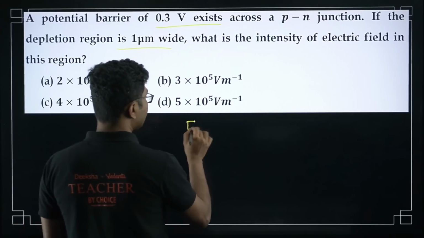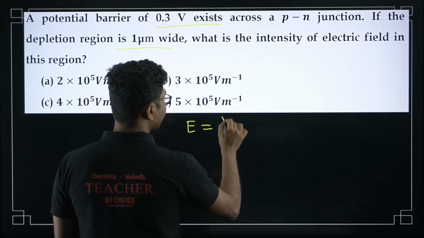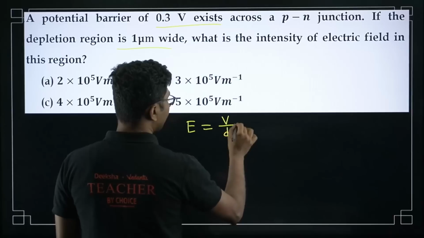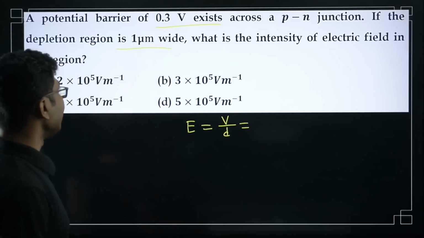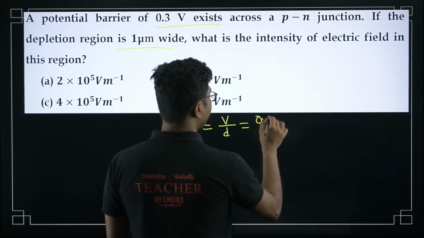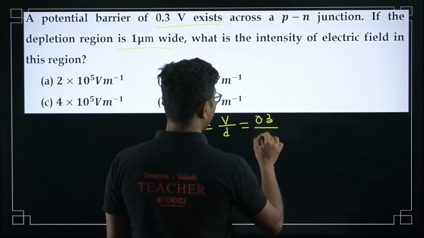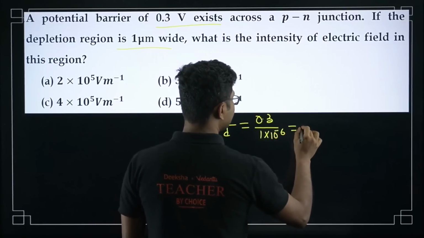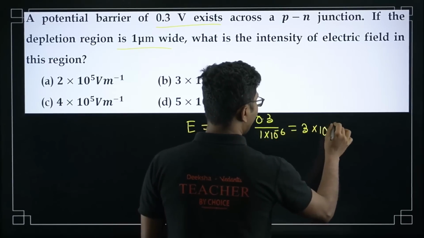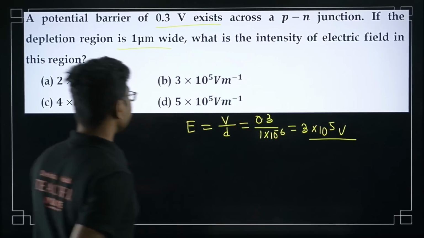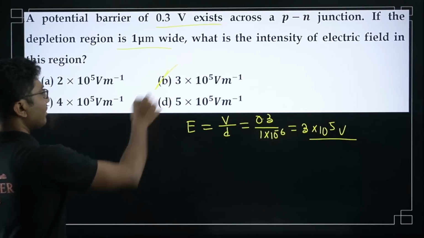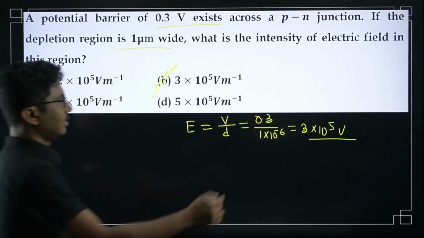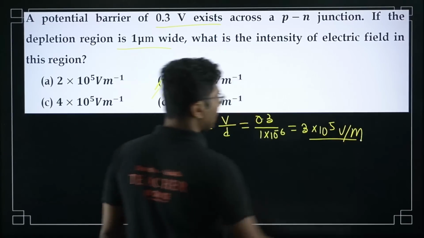So we know that electric field is depletion region voltage divided by the width of the depletion region, that is V by D. So V is 0.3 by 1 micrometer. Micrometer means 10 to the power of minus 6. So that is 3 into 10 to the power of 5. Okay, so it is 3 into 10 to the power of 5 volt per meter, right? So this is the answer.